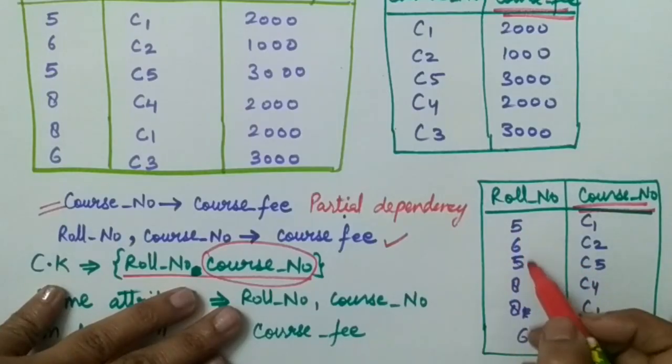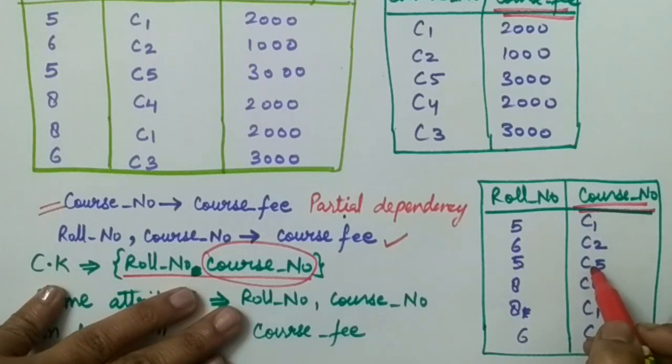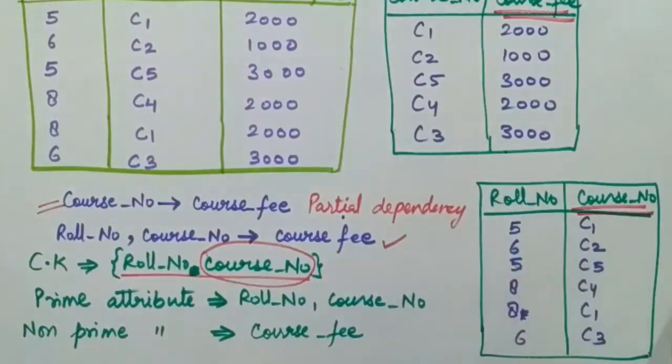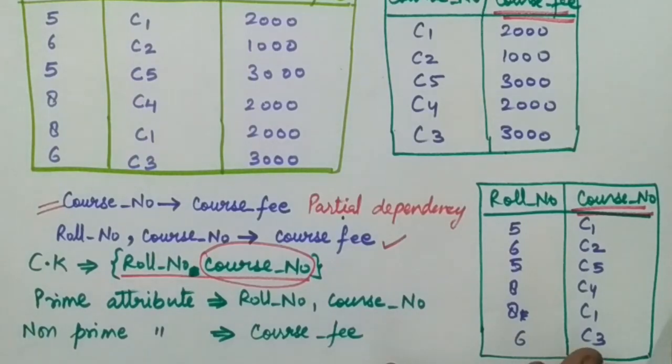But here, two different course numbers are associated, C1 and C5, so we will write all the roll numbers and the course numbers. Hence this relation is now free of partial dependency, and thus this table is in second normal form.